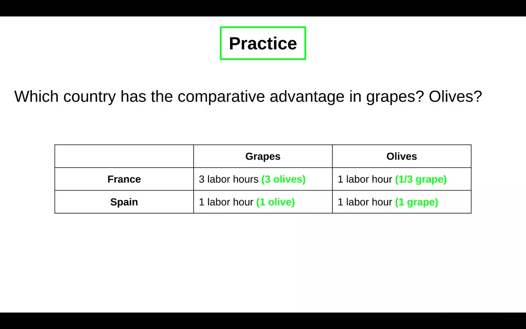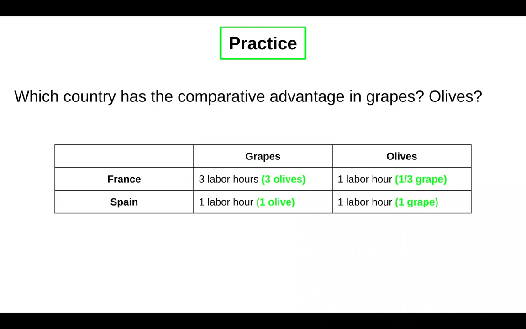And then, of course, we can look at which country has the comparative advantage in grapes and olives. Now this part is the same no matter whether it's output or input. We're looking for the lower opportunity cost. And one thing I didn't mention is the labels here, because you may have put labor hours. It's not labor hours. It's still going to be the good or service for the opportunity costs.